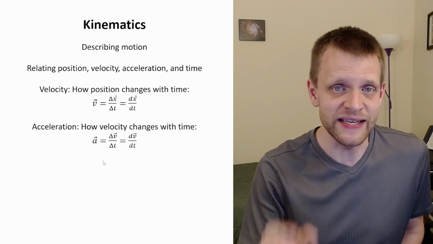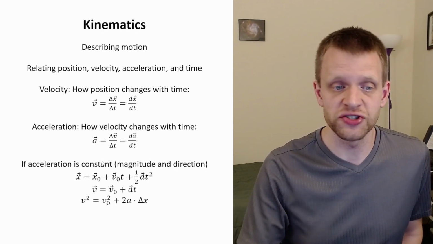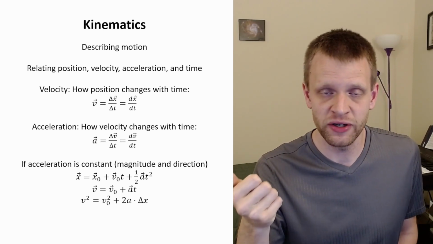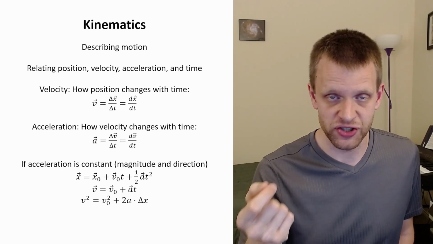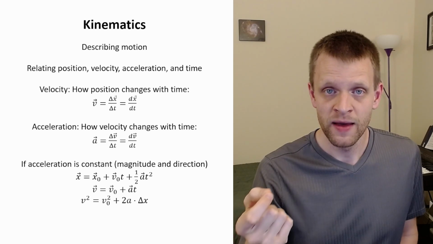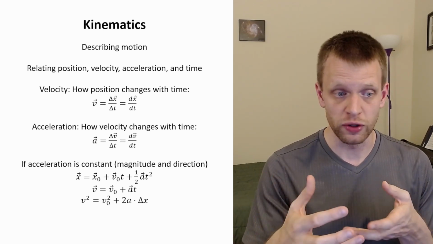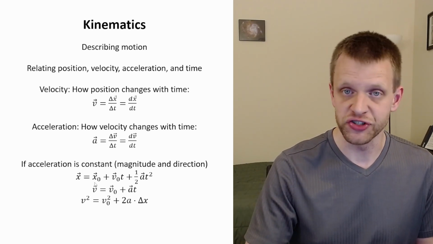Now, in the case where we have a constant acceleration, where both the magnitude of that acceleration and the direction of that acceleration is constant, then we can derive a set of equations to look at how my position is changing with time.